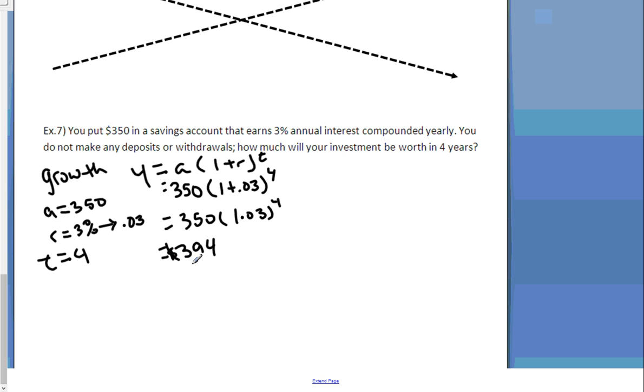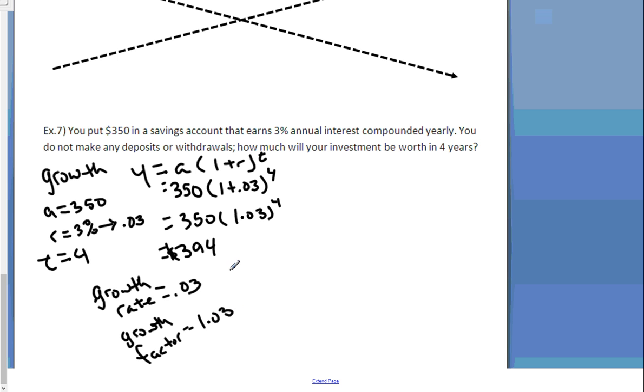So that means if you put your money in the bank after those years, you'll now have $44 more. All right. Growth rate is the 0.03. Growth factor is this number, which is the 1.03.